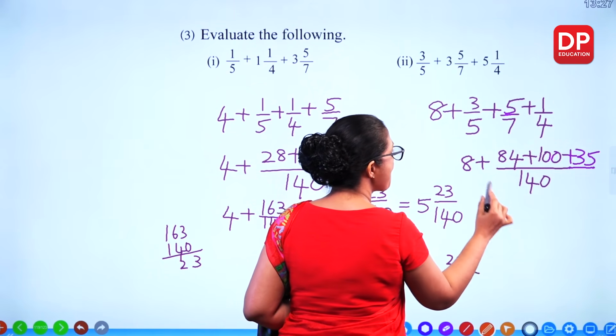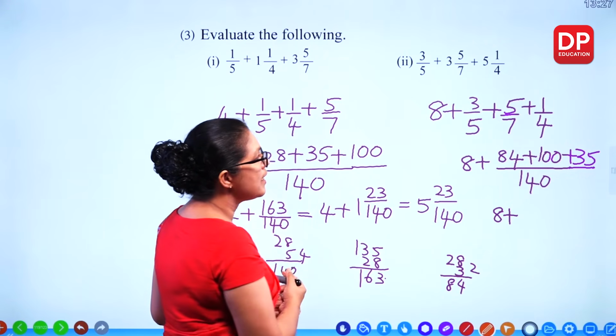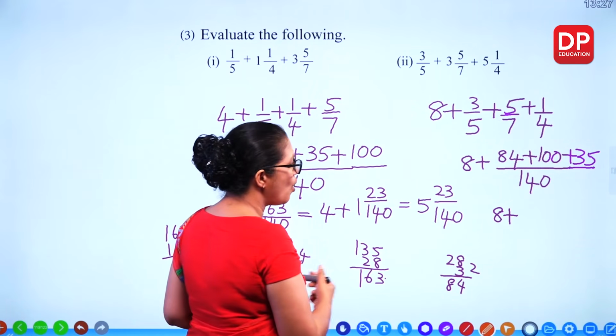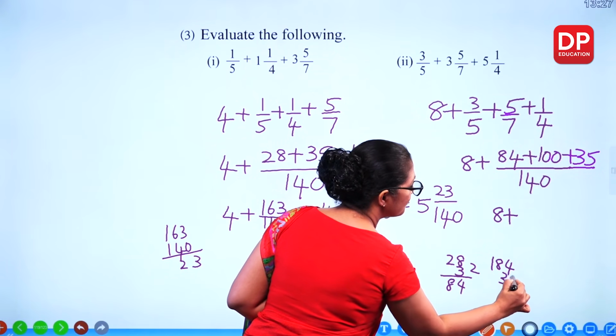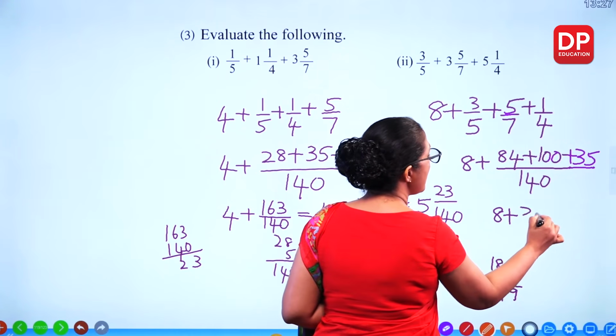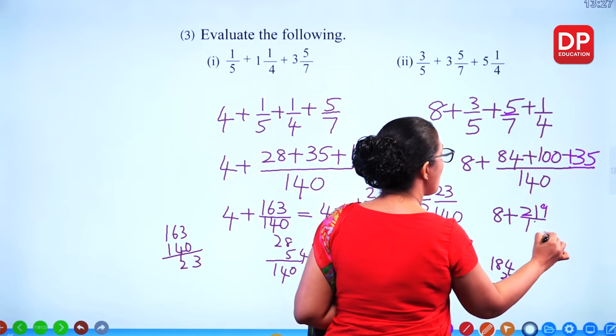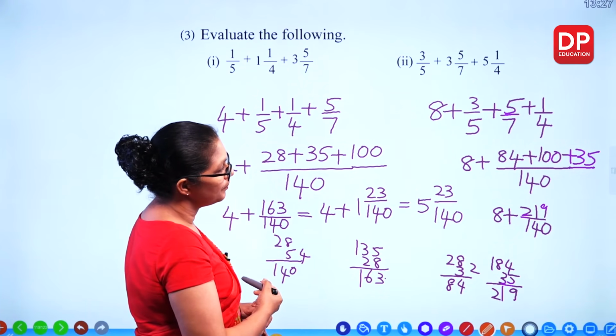Now, 8. Add these three numbers, 184 plus 35. 219 over 140. So do you get double?